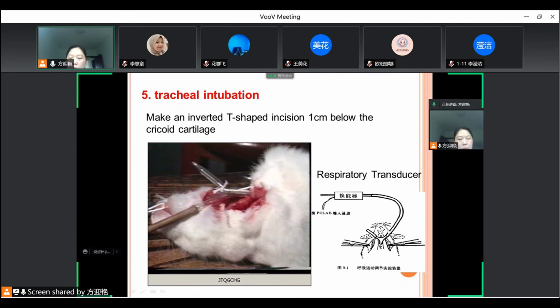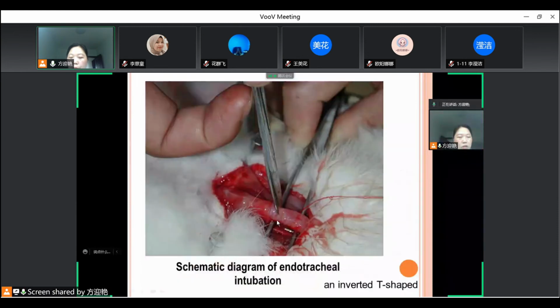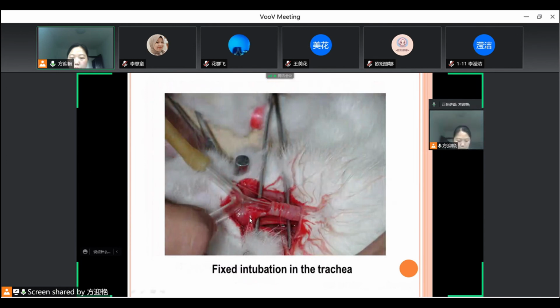We can see here this tube that connects with the respiratory transducer, and then connects to the computer. Also here we do an inverted T shape incision, and then we fix the intubation tube in the trachea.